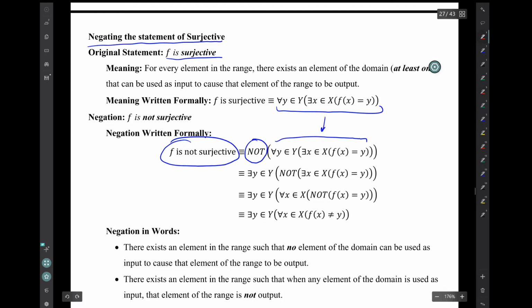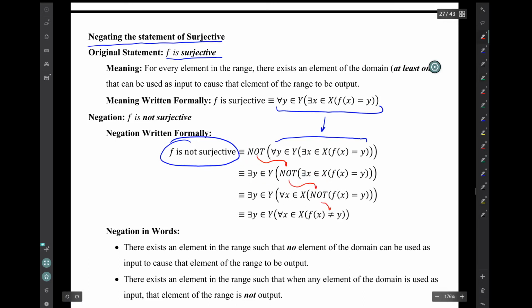You simplify this, you make it clearer by moving the negation as far to the right as possible. Notice that when the negation moves past that universal quantifier, it becomes an existential quantifier. And when the negation moves past this existential quantifier, it becomes a universal quantifier.